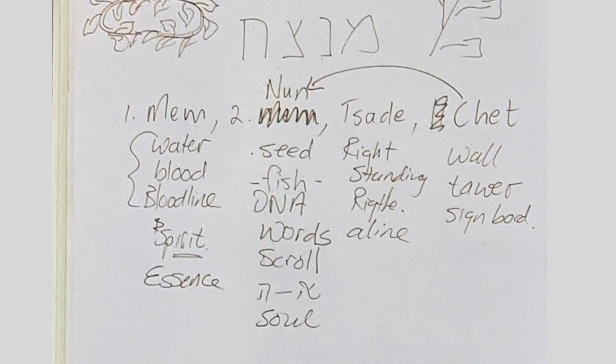If you have all of Nun, you have a wall, because you have one brick on top of the other. Chet can also talk about a tower. It can also talk about a signboard, like on a road. If you find Chet, it is words that tell you and direct you.